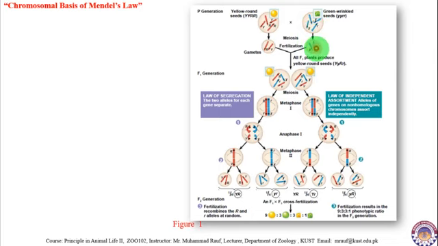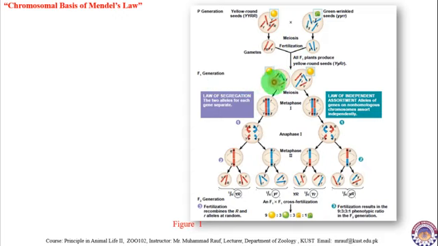Now the two gametes fuse with each other through the process of fertilization, and this becomes the F1 generation.